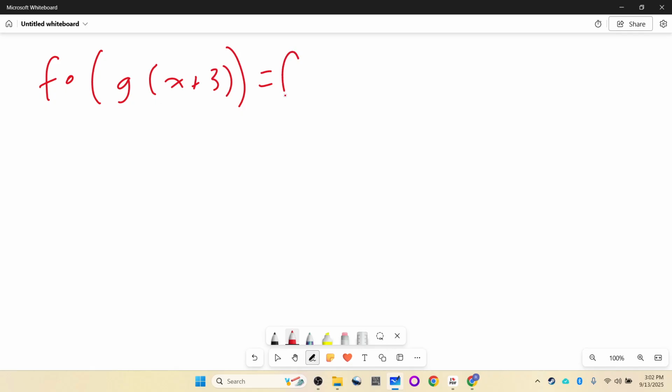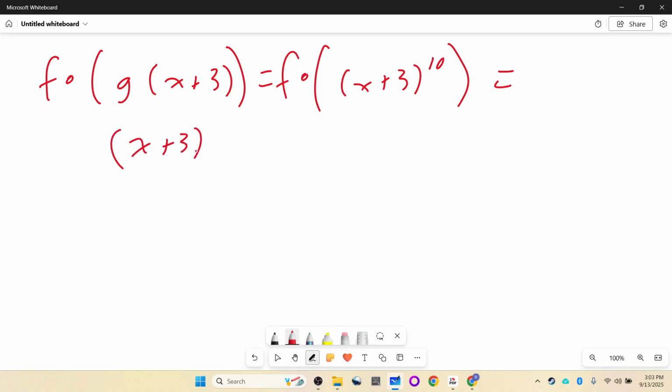Plug the x plus 3 into the g function. g is x to the 10th, so we get x plus 3 to the 10th. Then f is x over x plus 1, so it becomes x plus 3 to the 10th over x plus 3 to the 10th plus 1.